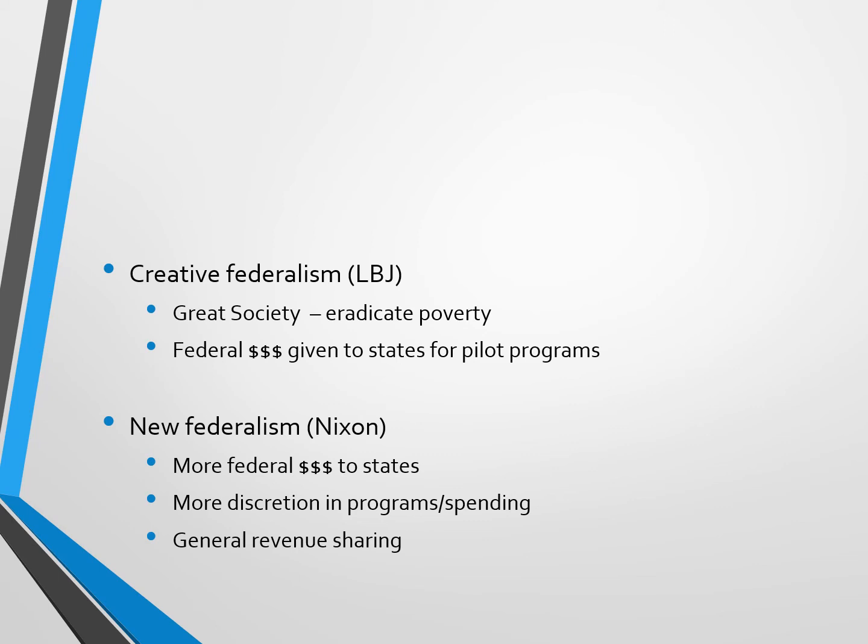Then in the 1960s comes creative federalism, and this was under LBJ, Lyndon Baines Johnson. He wanted a great society, and it was called the War on Poverty. He wanted to eradicate poverty, so he set up a lot of different pilot programs to try to diminish it, and he did that by giving federal money to the states for these pilot programs.